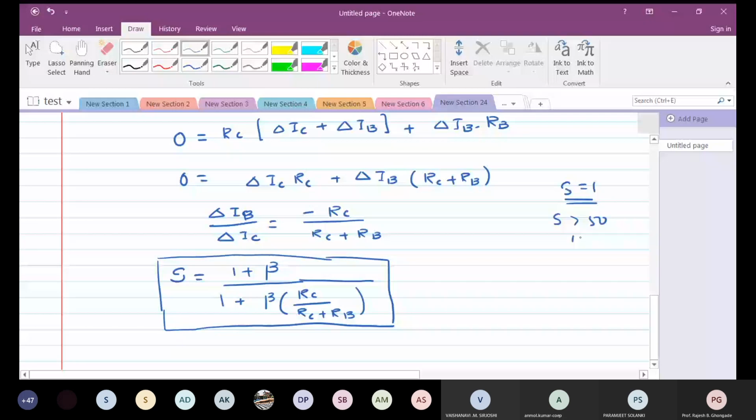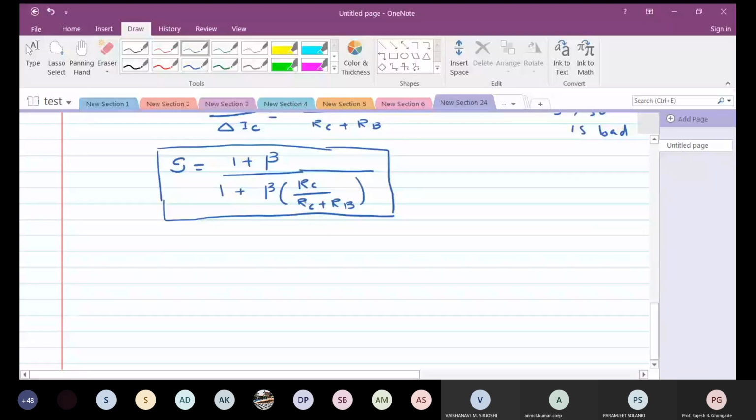So in order to have S value smaller, what do I have to do? Look at this equation. What should be the value of RB? Can I say that if RB is small, then only my S will be small? Do you agree to this? Yes or no?